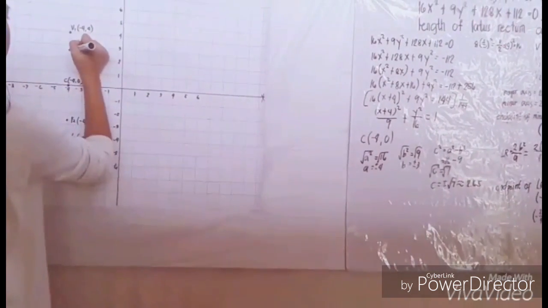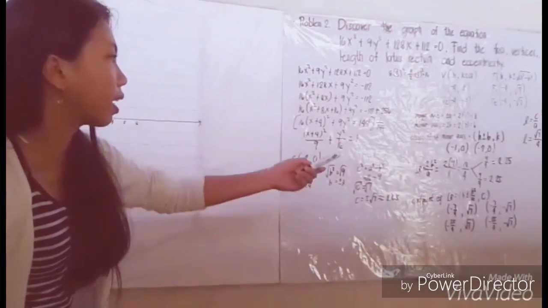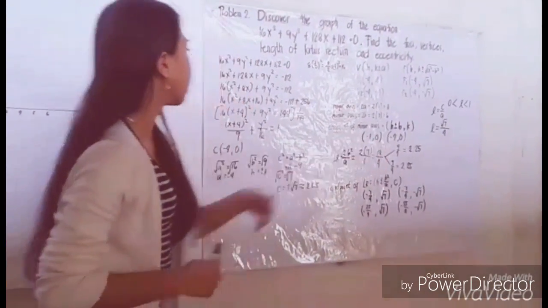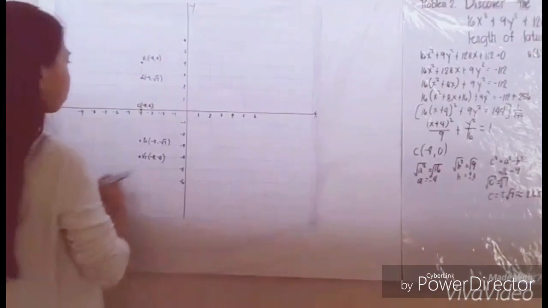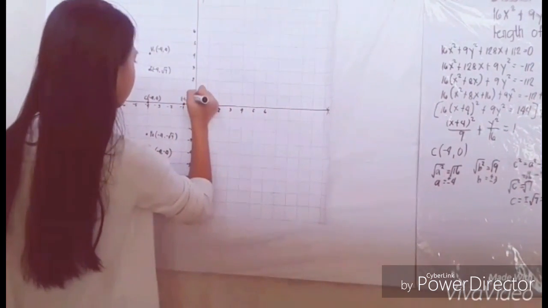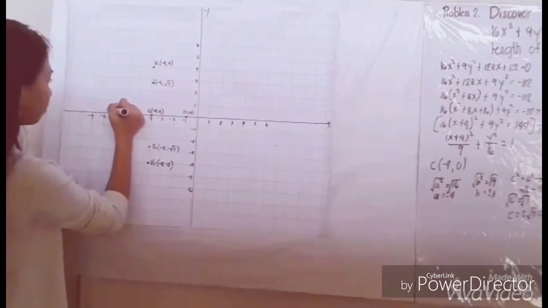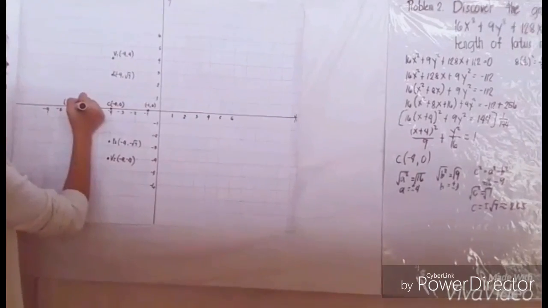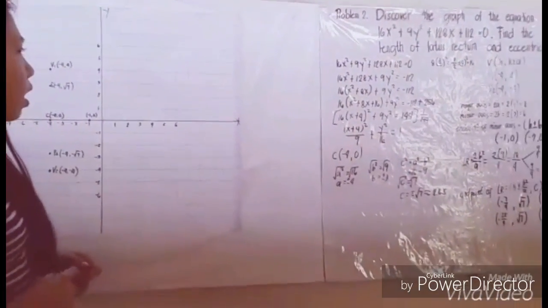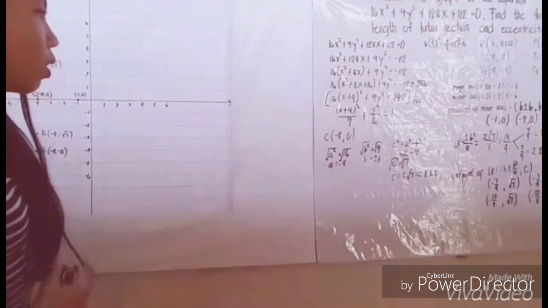This is our endpoint of minor axis, which is negative 1, 0, and negative 7, 0. So we have negative 1, 0, and negative 7, 0 here. So we can now locate our endpoints of LR. We have negative 7 over 4 and square root of 7.